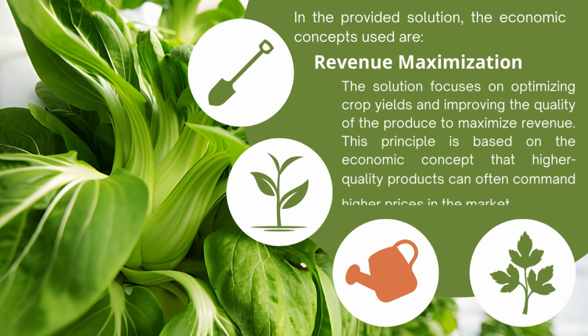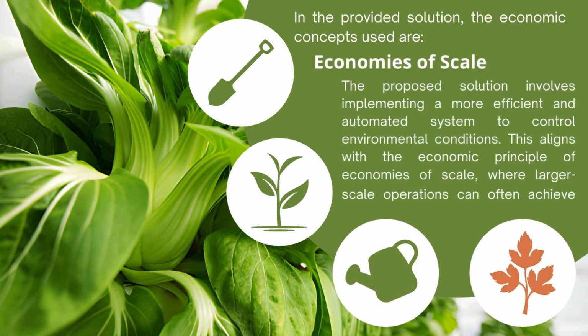Third is revenue maximization. The solution focuses on optimizing crop yields and improving the quality of produce to maximize revenue. The principle is based on economic concept that higher quality products can often command higher prices in the market. And the last one is economies of scale.